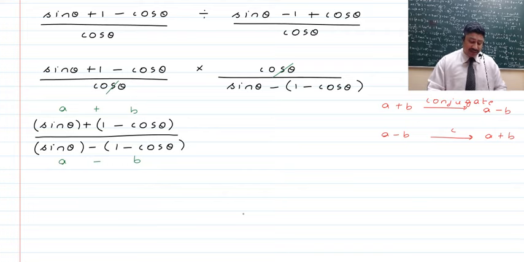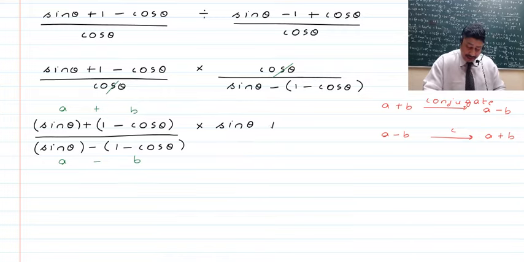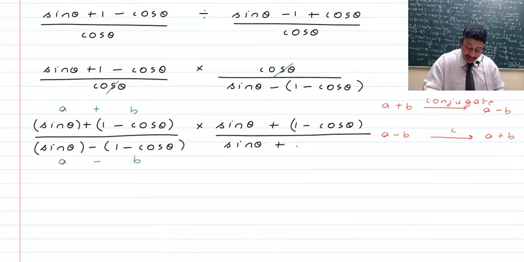So as here in the denominator we have sine theta minus times 1 minus cos theta, we will be multiplying the numerator and the denominator by the conjugate of the denominator, like I told you earlier. So it is going to become sine theta plus 1 minus cos theta, right? And in the denominator now you have sine theta plus 1 minus cos theta, right?